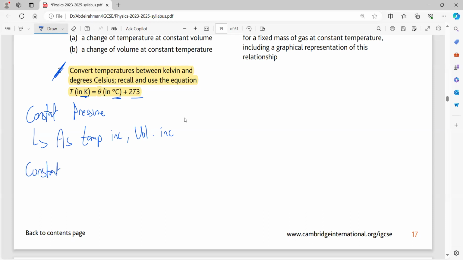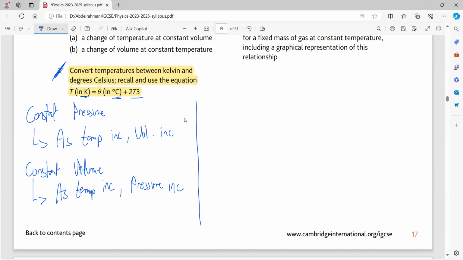If I had constant volume, then the pressure and the temperature will change. As the temperature increases, what happens to the pressure? The pressure increases as well, due to the molecules moving faster and hitting the walls harder.